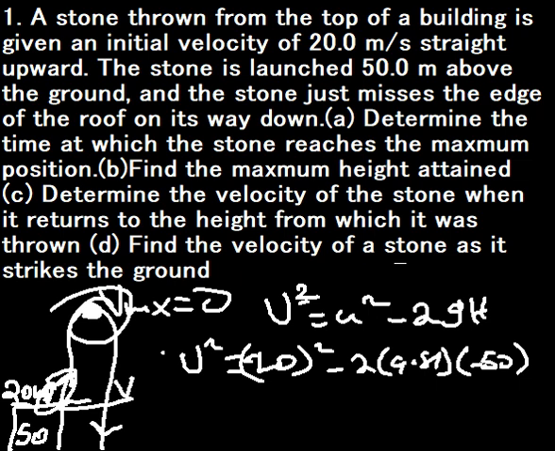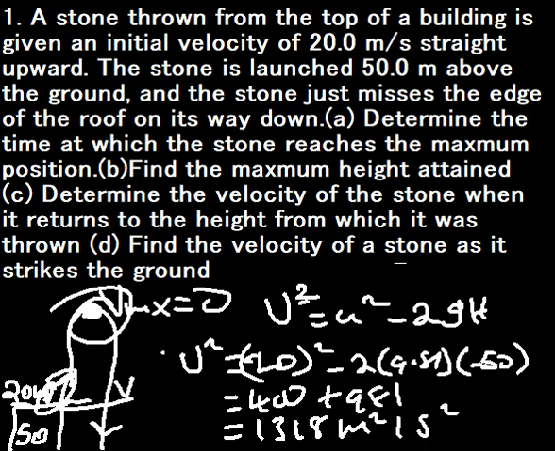Now that will be given as 400 plus 981, and so plus 400, we'll have it as 1318. In this case, of course, we'll have meter squared per second squared.